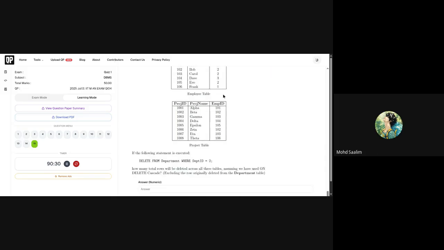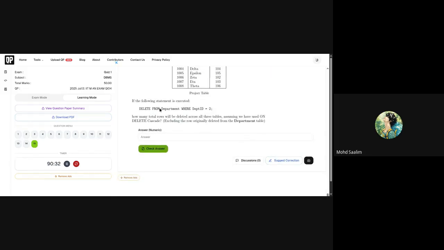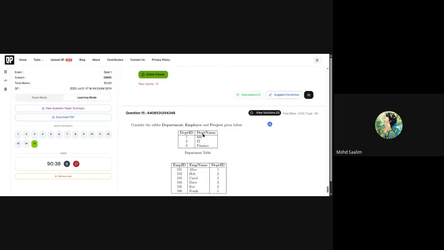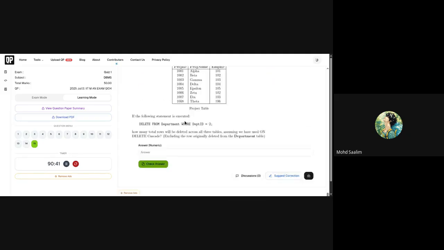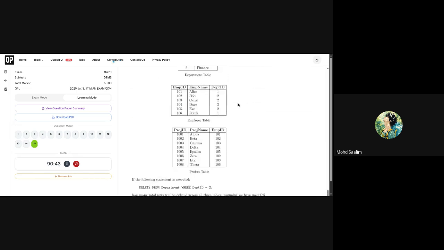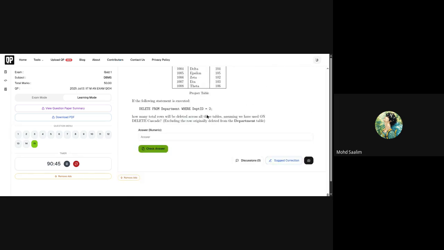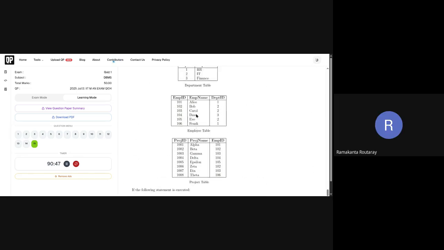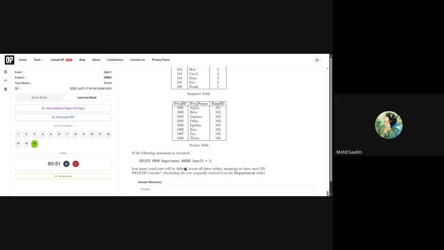Department, employee, and project. They deleted a department and are asking about the cascading effect of it. We have departments HR, IT, finance. They deleted department ID 2, which is IT. How many total rows will be deleted across all 3 tables, assuming we have used on delete cascade, excluding the row originally deleted from the department table?